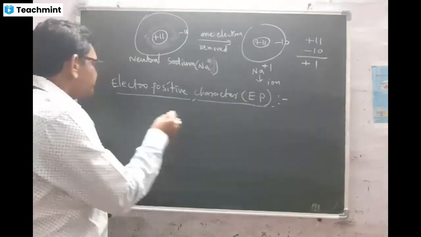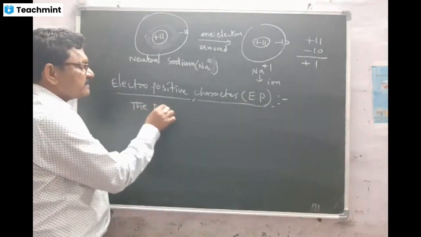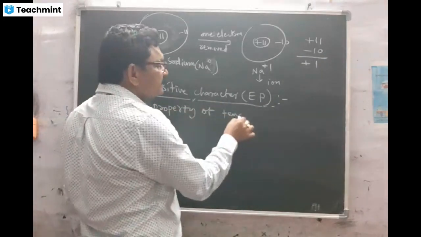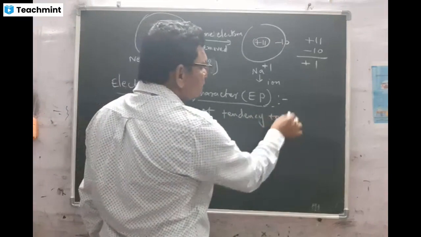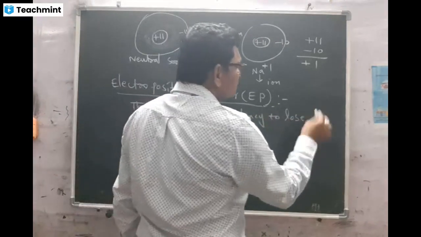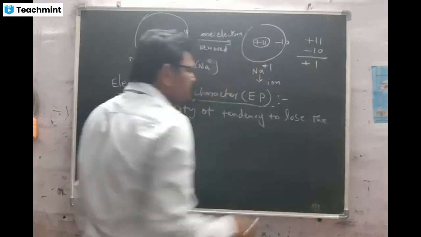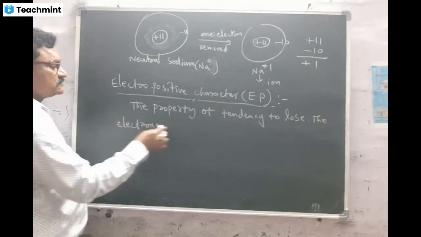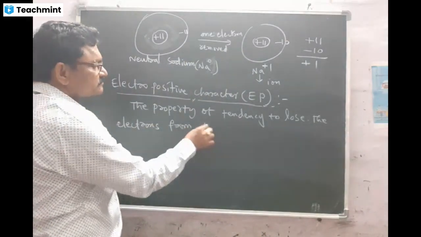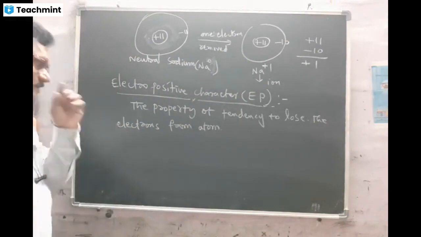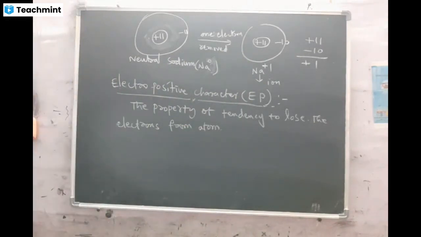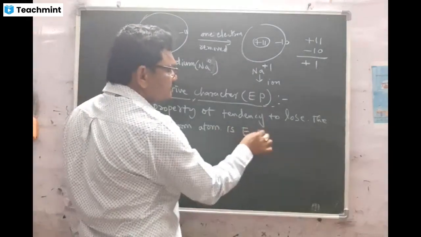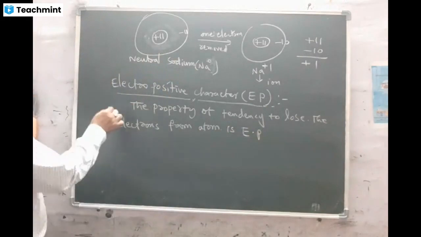Electropositivity means, you write down, I will explain clearly: the property or tendency to lose the electrons from an atom is called electropositive character, called EP.